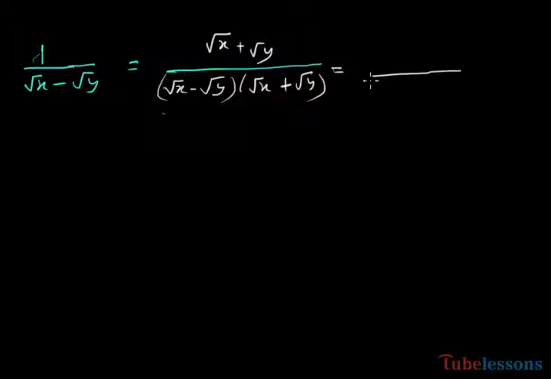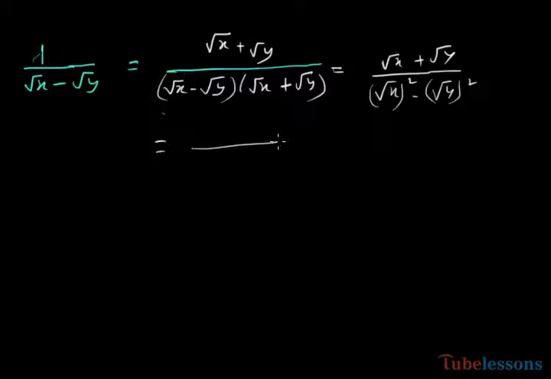Now root x whole square minus root y whole square, so it is x minus y, over root x plus root y.